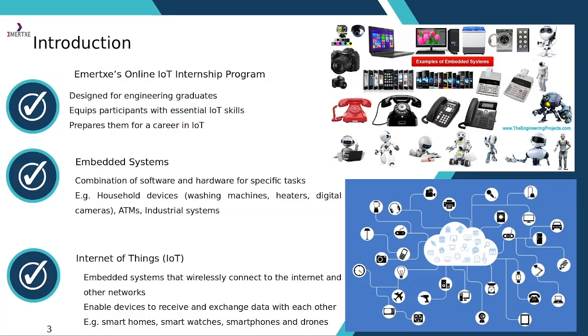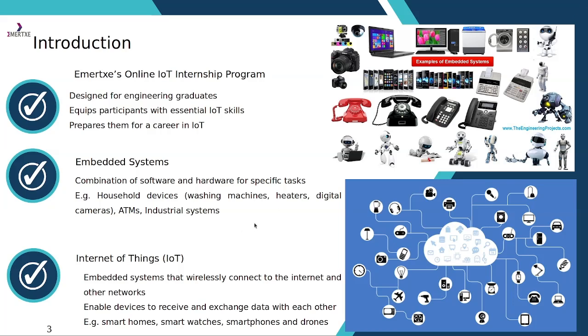Our smart homes too, whereby you control your device, your bulb, your fans with a smartphone or a wireless remote. Someone can ask, is a drone an embedded system or IoT?